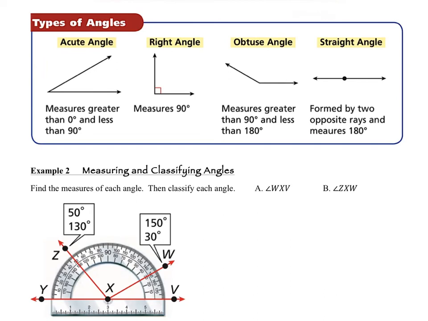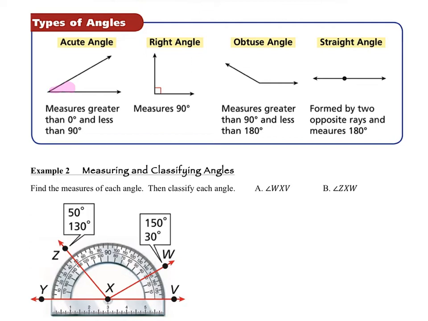When it comes to different types of angles, I know that these terms are familiar to you. An acute angle is an angle that measures more than 0 degrees and less than 90 degrees. So if it measures 0 degrees, there's no angle there. It's just a ray, because there's no distance in here if it measures 0 degrees.